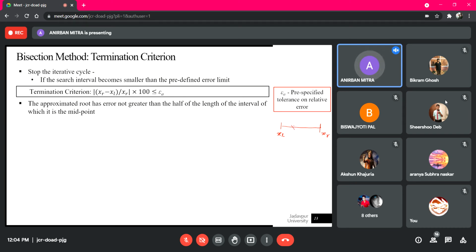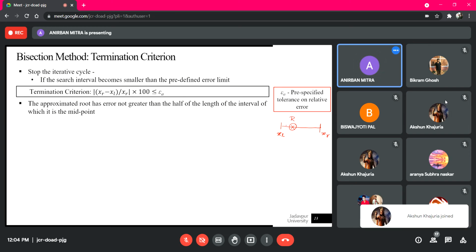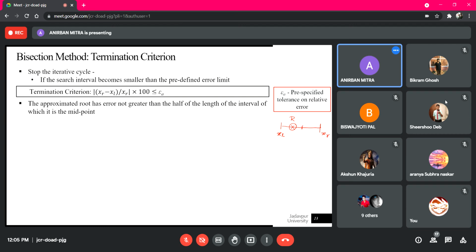Within this small interval, the root is here. Let's represent it as capital R. Capital R is the actual root. So we know that the midpoint of the final interval that is obtained is the approximation.